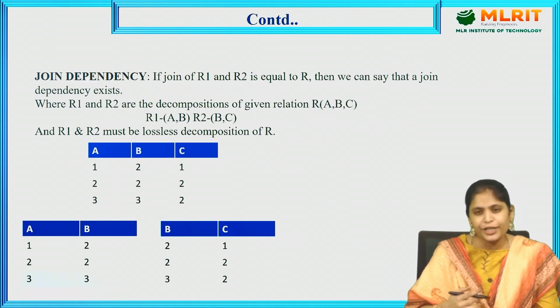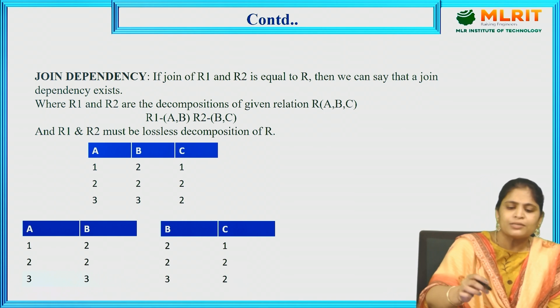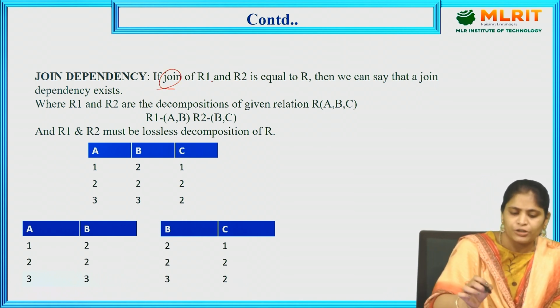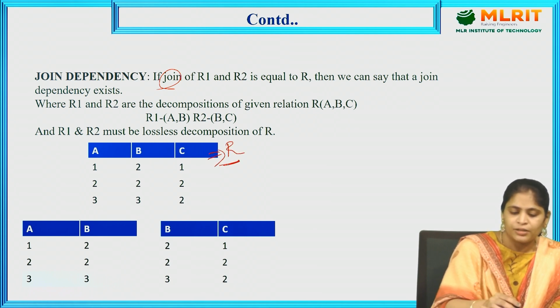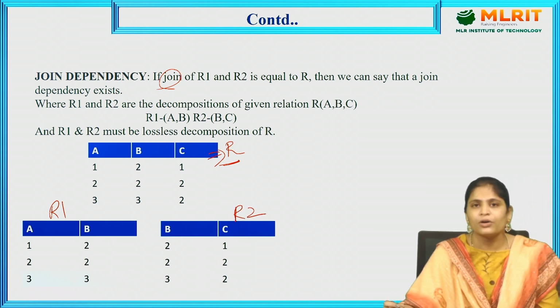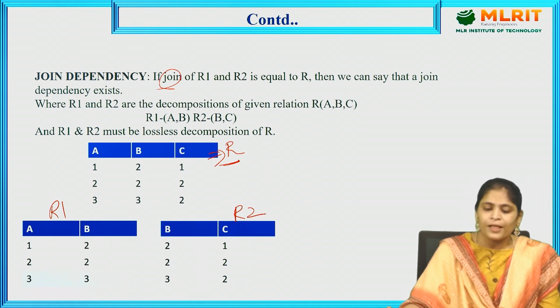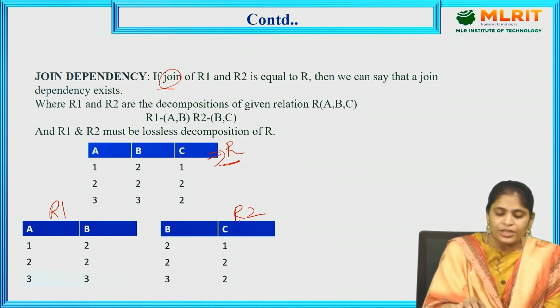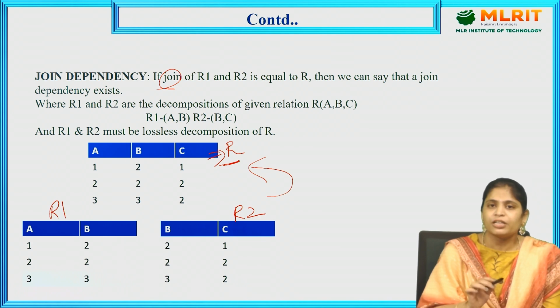What is join dependency? If we take the join operation of R1 and R2, this is the given relation R, and this is R1, this is R2. If we join R1 and R2, we must obtain R. That is our intention.